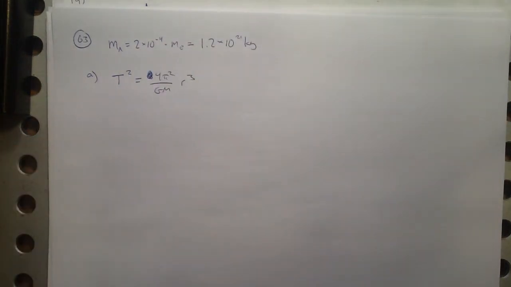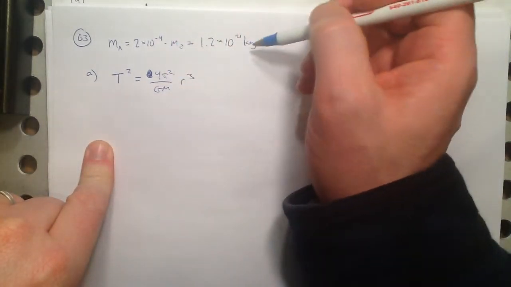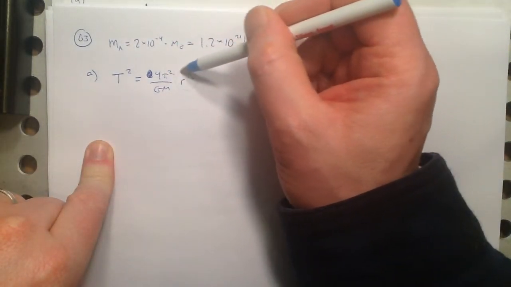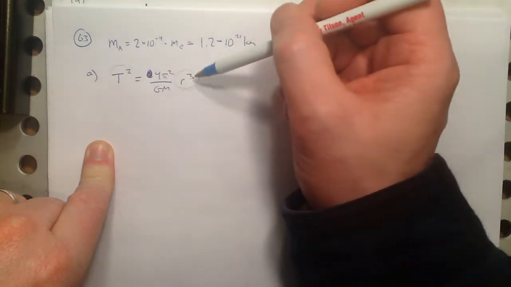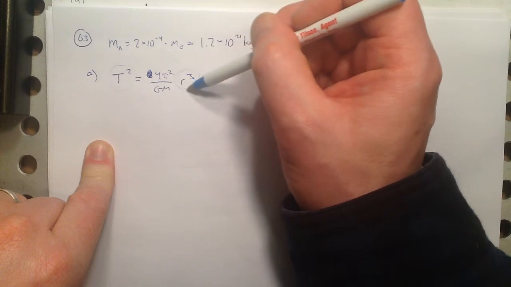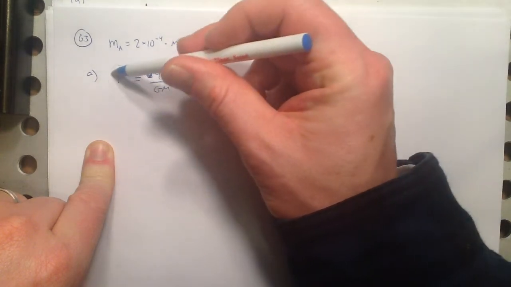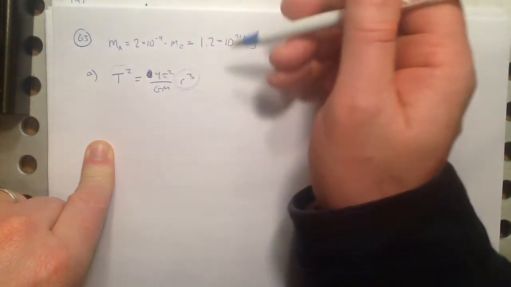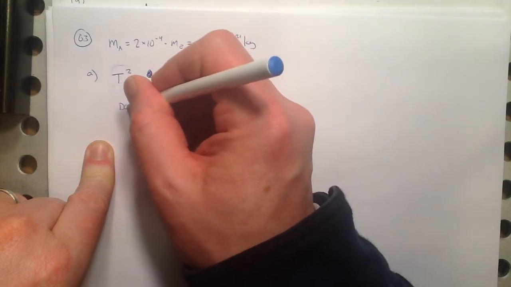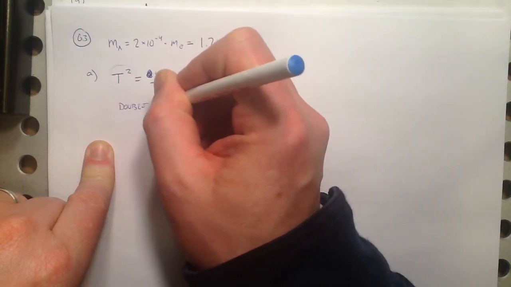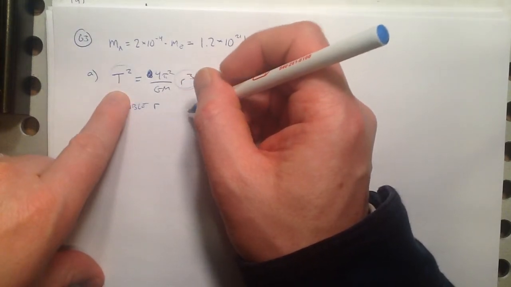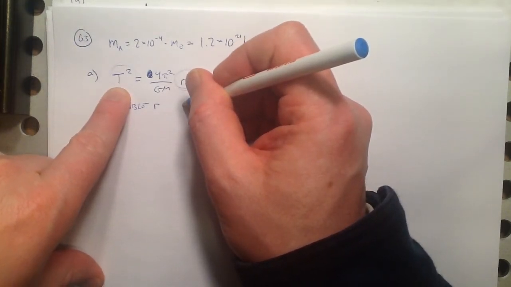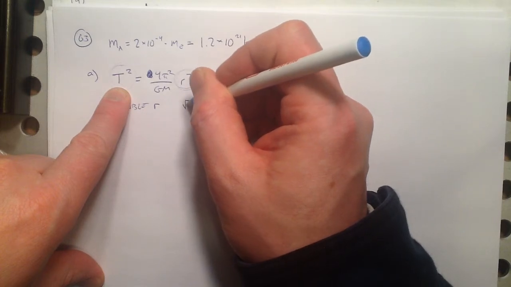So you could think about what happens when you double this distance. What happens to this? Well, if you double this, it goes up by a factor of 8, but this is the square root. So that means that if you double r, you increase this by the square root of 8.